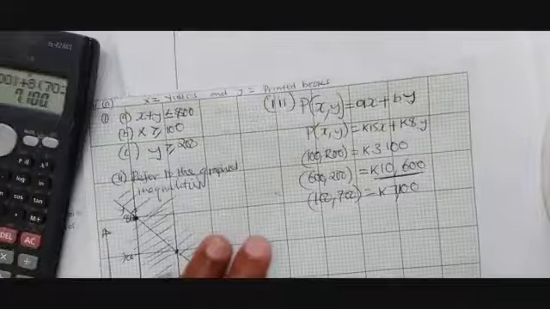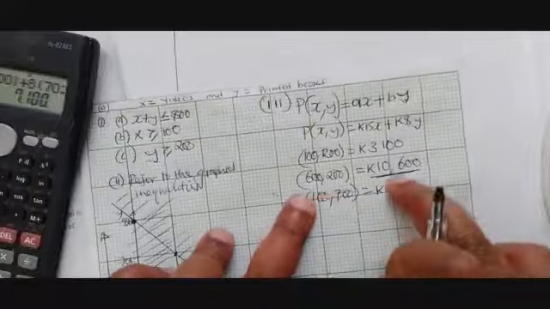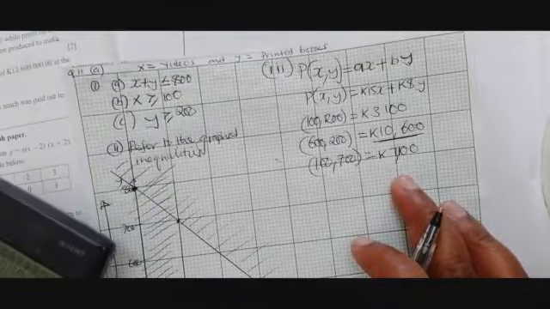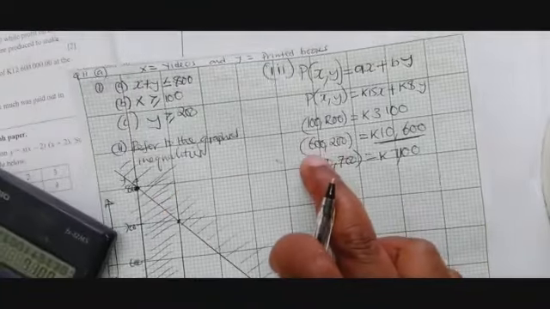But what combination has given us this? It simply means here the combination is 600, 200.